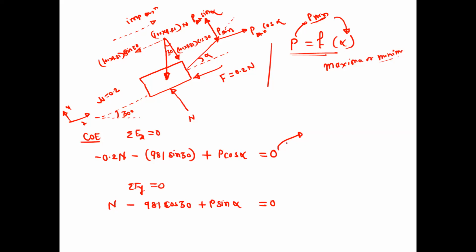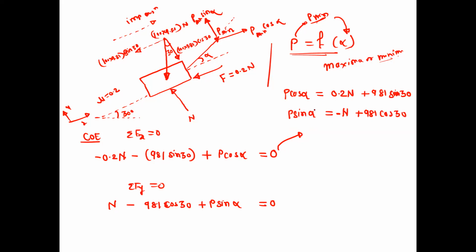So from the first equation, we can write P cos alpha is equal to 0.2 normal reaction plus 981 sin 30. And from the second equation, we will have P sin alpha equal to minus N plus 981 cos 30.